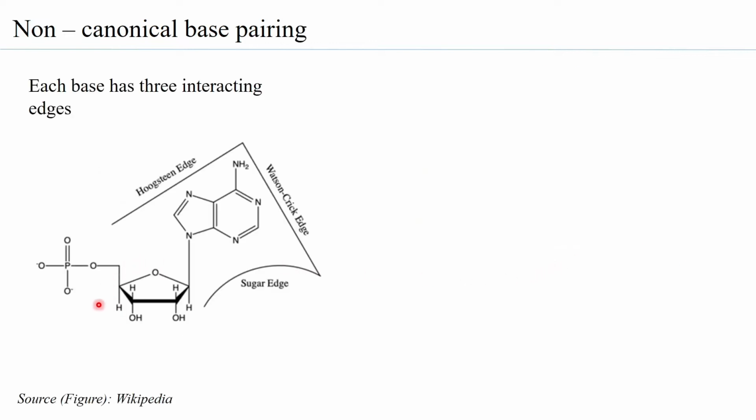Say, for example, you consider a purine nucleotide. In a purine nucleotide, as you can see, this is the ribose. This is the phosphate that is associated with the 5' carbon of the ribose, and at the 1' carbon you have it associated with the N of the purine. So you always have N9 of the purine associated with the C1' of the sugar. You know that the N-glycosidic linkage in a purine is always between the first carbon of the sugar and the ninth N of the purine residue.